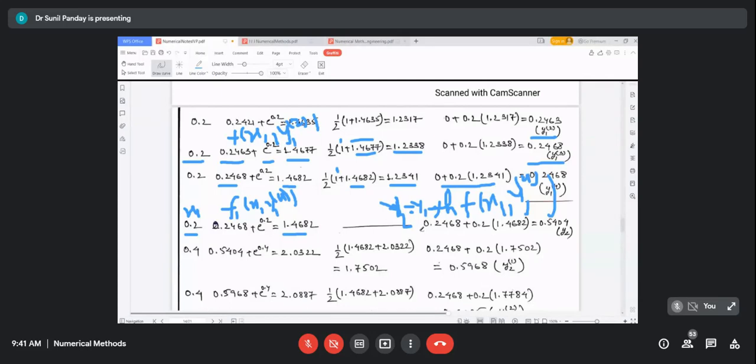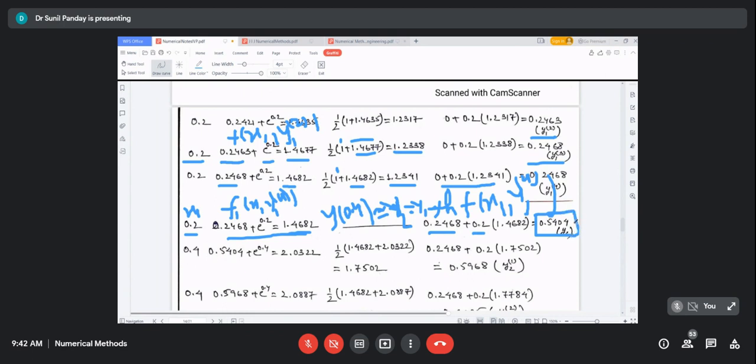So this formula we use, and this is actually our Euler's method. To calculate the first value of y2, we are calculating y at 0.4, so its approximation is y2. You calculate using Euler's method y1 plus h f of x1 y1 fourth updated value, where y1 is 0.2468 plus 0.2 times f of x1 y1 fourth updated, and this is the value of y2.